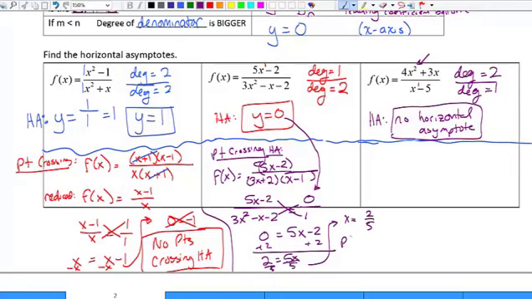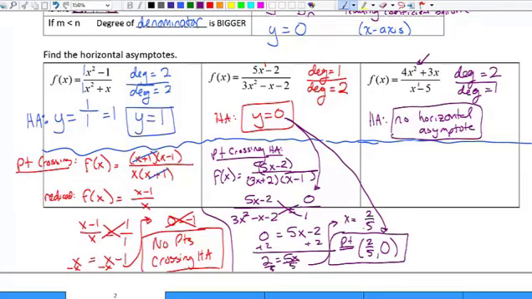So the point crossing the horizontal asymptote is 2/5 comma some value. Well, what is that value? What is the y value? Well, the y value comes from the horizontal asymptote. It's got to be 0 because that's where it's crossing the horizontal asymptote at y equals 0. So in this case, the point crossing is 2/5 comma 0.